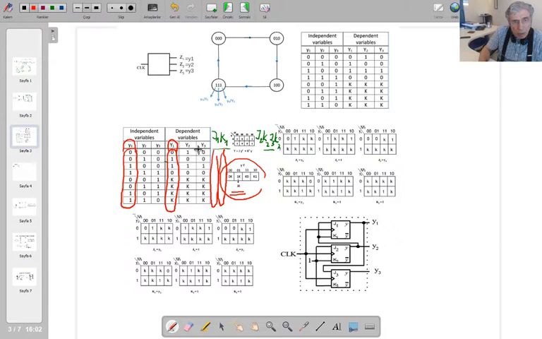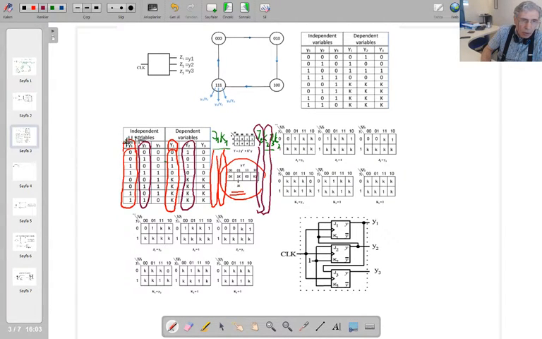For the second memory element, that is J2 and K2, my present state is small y2, and my next state is capital Y2. By using the inverse definition relations, I am going to find the J2 and K2 functions in terms of these independent variables Y1, Y2, Y3.